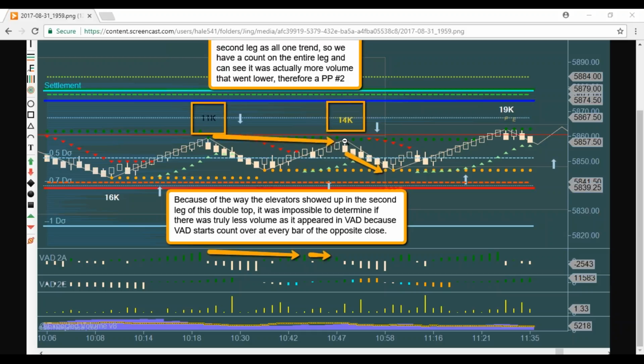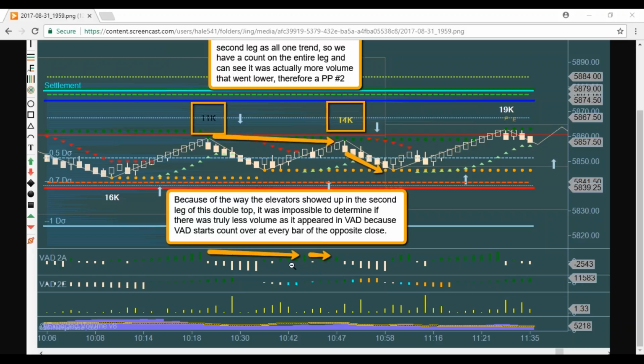But this didn't go higher. It went lower, right? It did not go as high. So we're looking at a potential number 2 setup, correct? Does everybody agree with that? This is not a number 1 because it didn't go higher. It went up, but not quite as high. So it's only a number 2 potential setup.